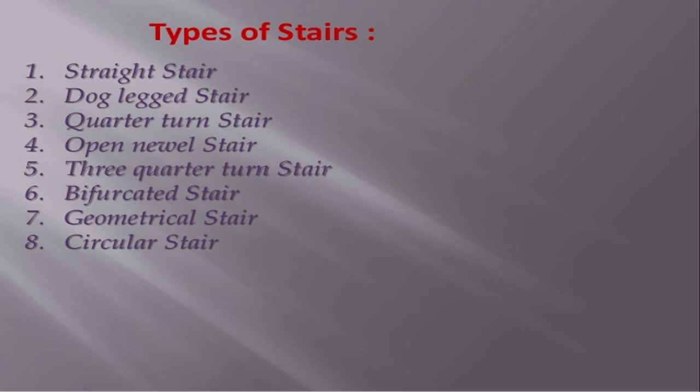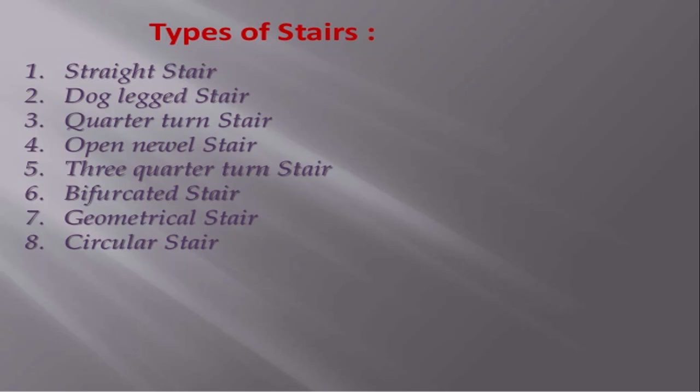Next one, types of stairs. This is very important. Why do we want to understand the different types of stairs? Because, for example, a straight stair cannot be applied, or dogleg stairs cannot be applied, for every kind of circumstance.